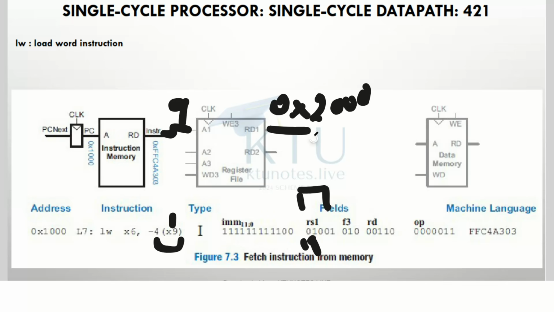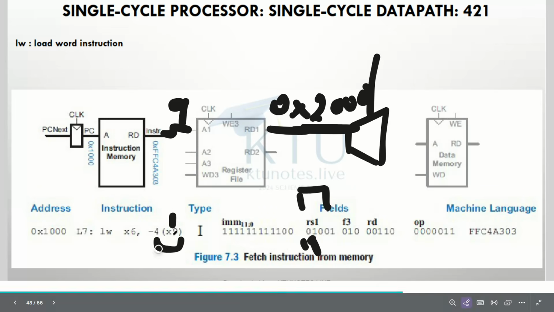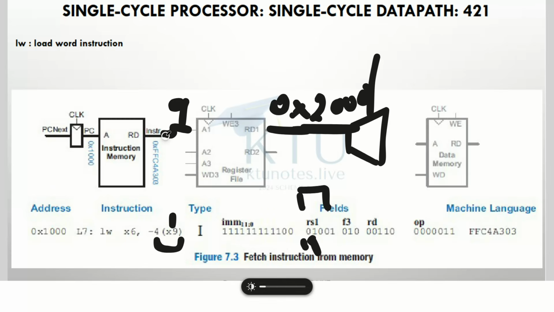Okay, fine. Now we have our ALU, and the ALU control is here. In the ALU, to X9's location I have to do -4 to get the correct location in the data memory. That is what load means. In this instruction the ALU needs 32 bits, but this immediate is 12 bits, so an immediate extender is needed.